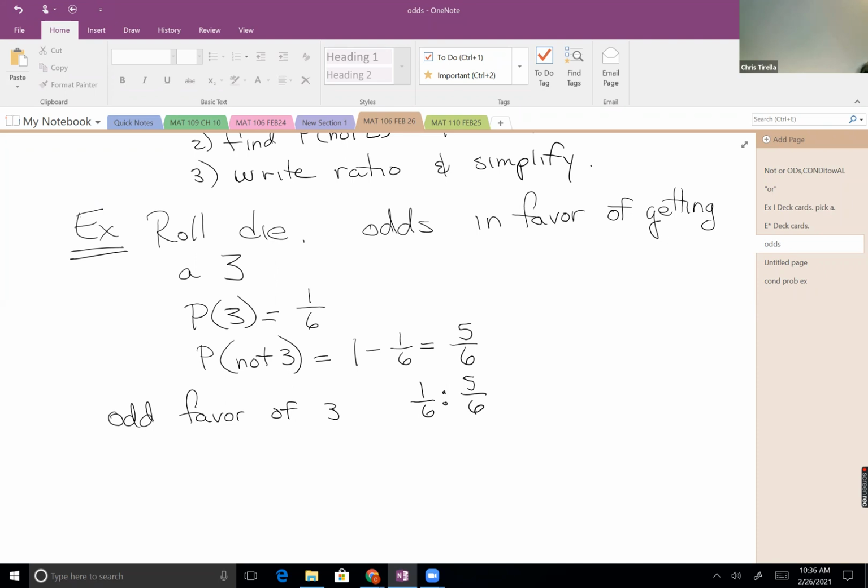And so when I do this, I work my hardest to not reduce to begin with. And because they're the same denominators, it equals just the ratio of the numerators.